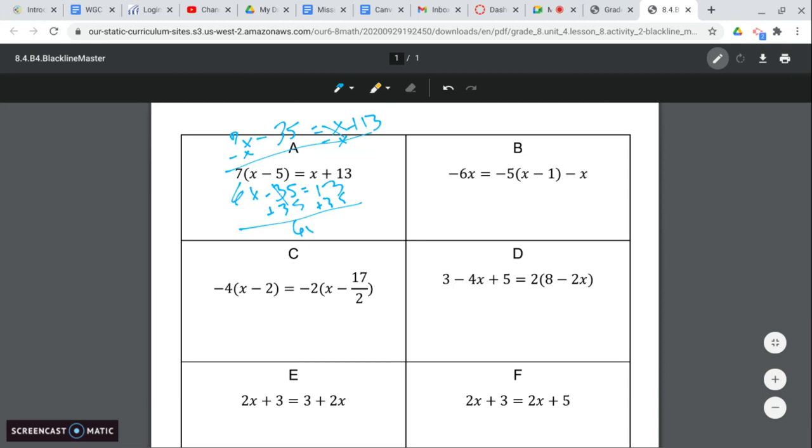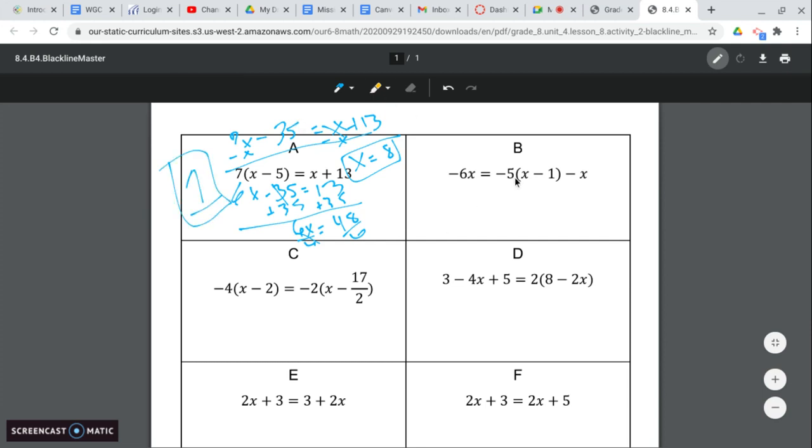So we end up with 6x equals 48. Divide by 6, so x equals 8. So what kind of solution did this have? One, none, or all? It had 1. So we're going to put a big 1 there.